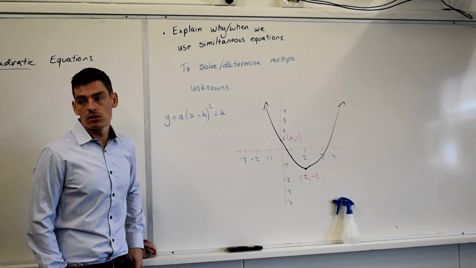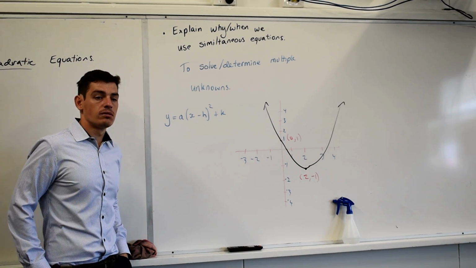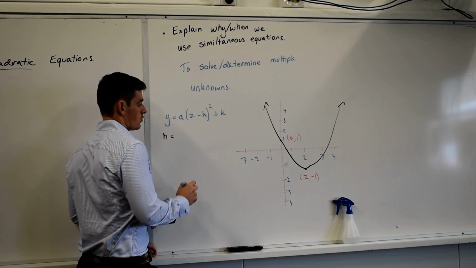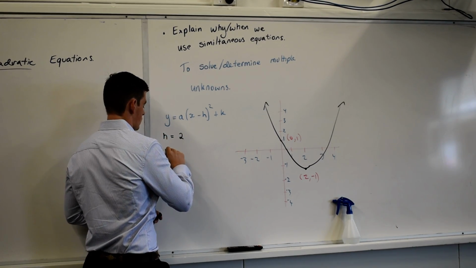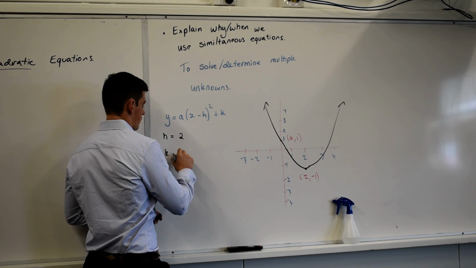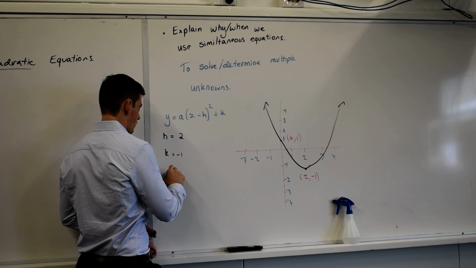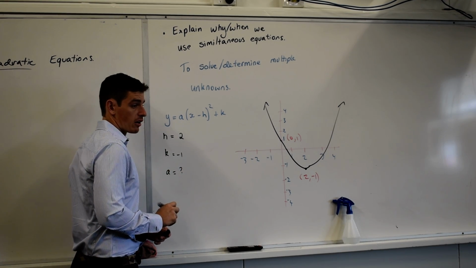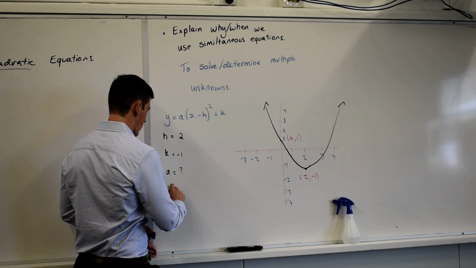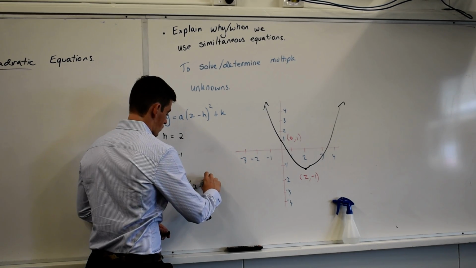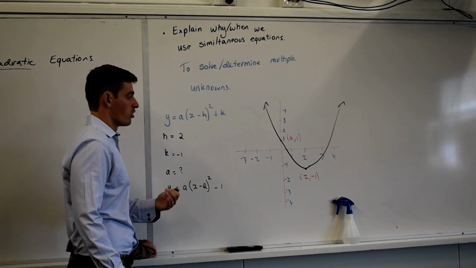Just by looking, I know that h equals 2 and k equals negative 1. So what don't I know? A. So I've got y equals a(x minus 2) squared minus 1, and I need to determine a.